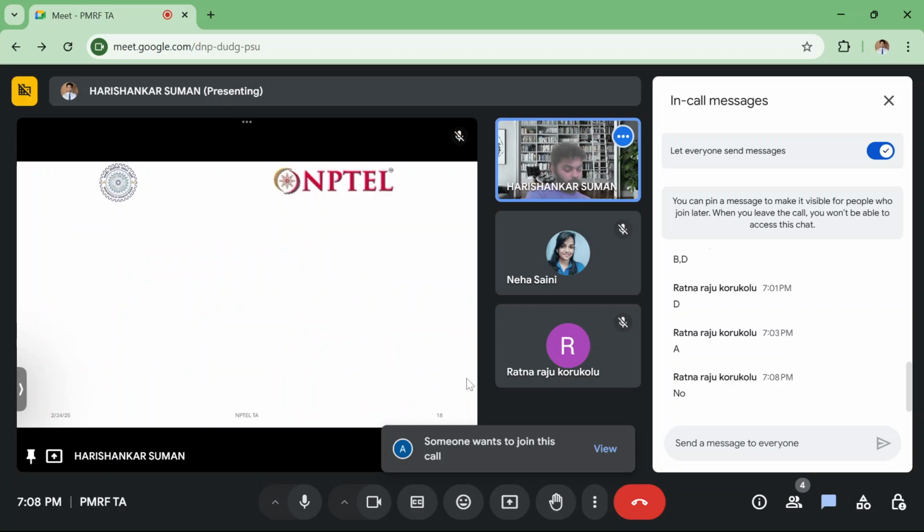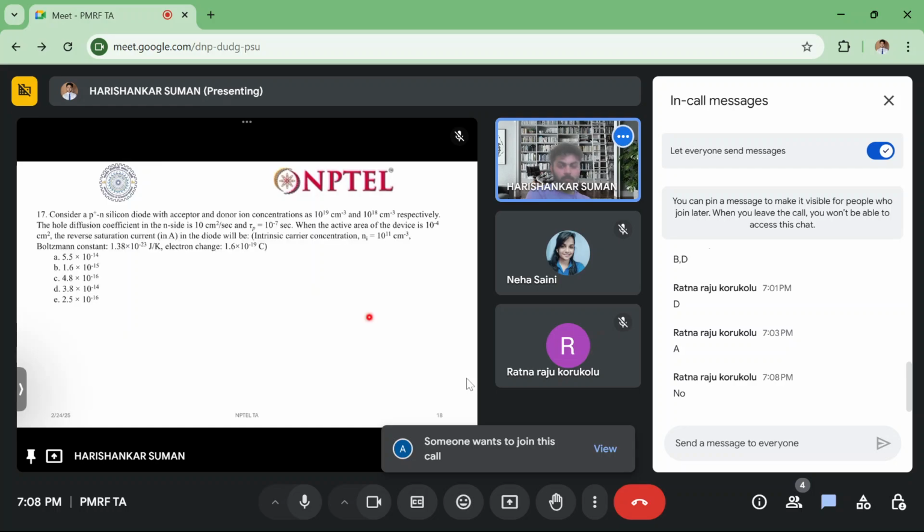So this is the next question. Consider a highly doped p-n silicon diode with acceptor and donor ion concentrations of 10 to the power 19 per cubic centimeter and 10 to the power 18 per cubic centimeter respectively.